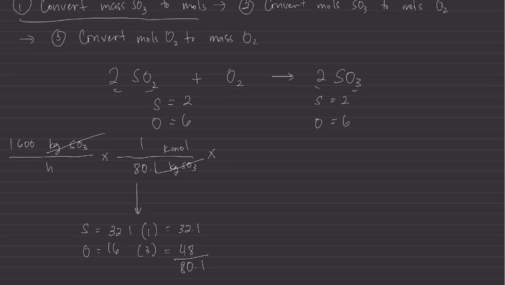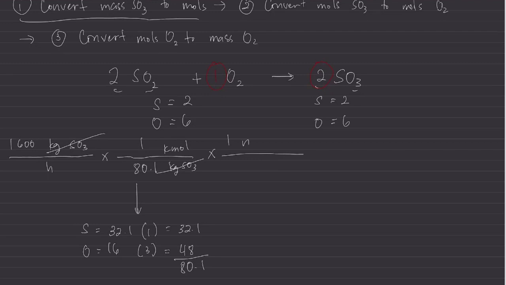Then, convert moles SO3 to moles O2. So, para gawin natin yun, kailangan natin malaman yung stoichiometric ratio ng SO3 with O2. So, moles SO3 ay 2, and then moles O2 is 1. So, kapag walang nakalagay sa chemical reaction natin, walang number, so it is understood na 1 yung stoichiometric coefficient niya. So now, ilalagay na natin yung O2.